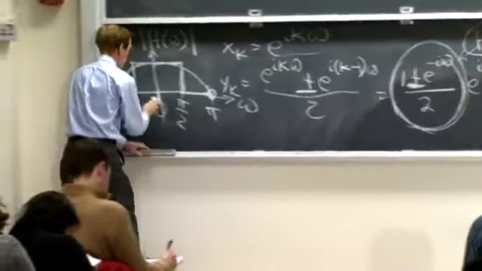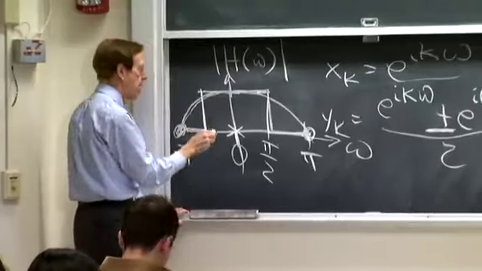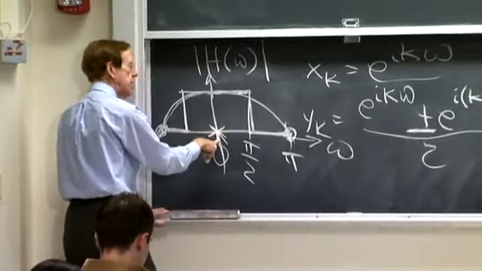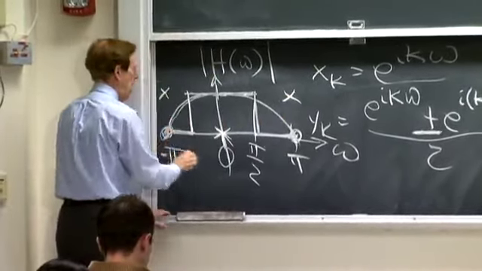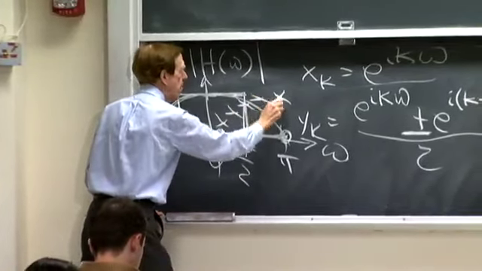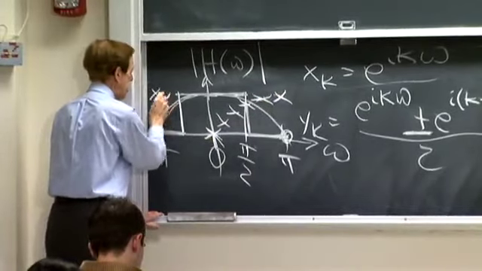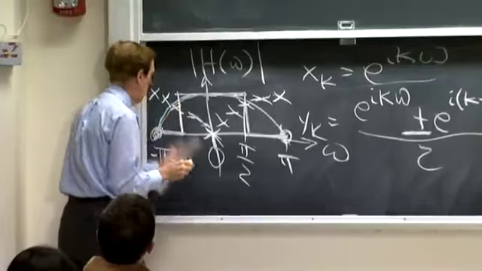For this one I'll put an X to indicate the high pass. The high pass guy kills the low frequency and preserves the high frequency. You won't be surprised to find it's some cosine or something. Sorry, that's not much of a cosine.